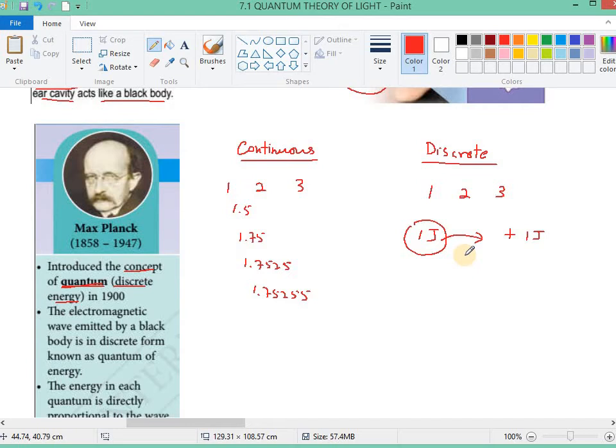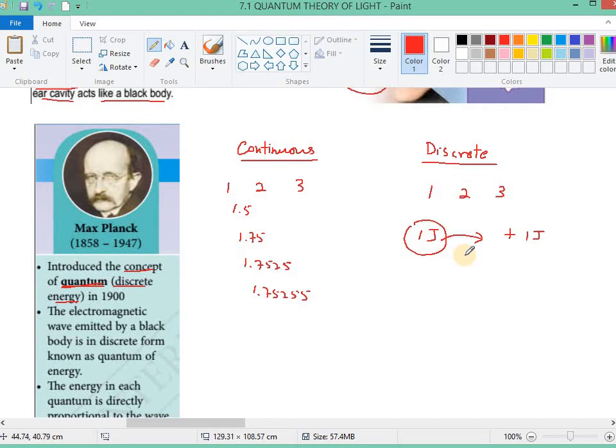Every time energy is transferred, it is transferred in a specific amount: 1 joule, 1 joule, 1 joule. It will not transfer sometimes a lot, sometimes a little bit. Energy is transferred in discrete amounts.